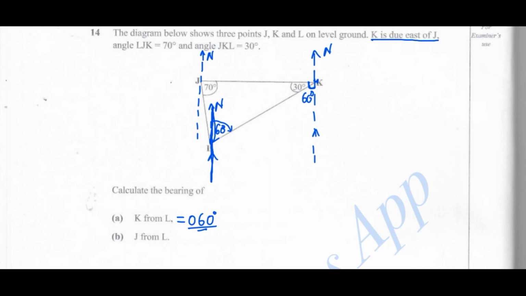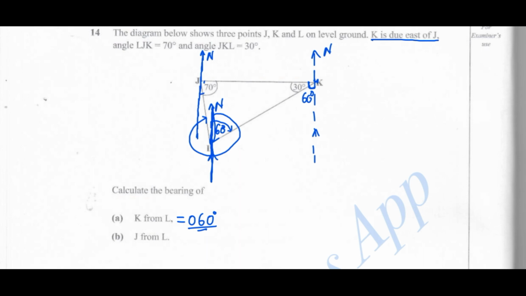Then J from L. We are coming from the same L, but we move in this direction up to J. The line J is here. So that is the concept. Now remember, we have this line, then we can find this angle.